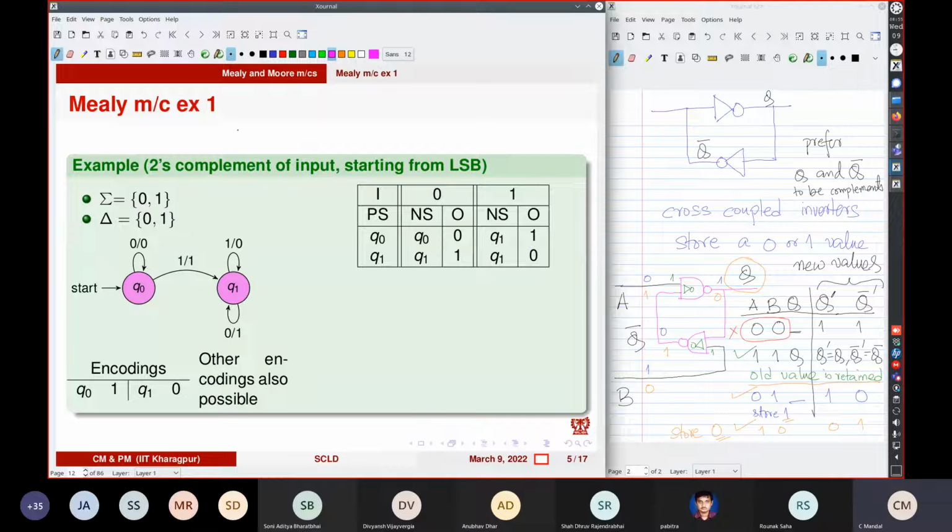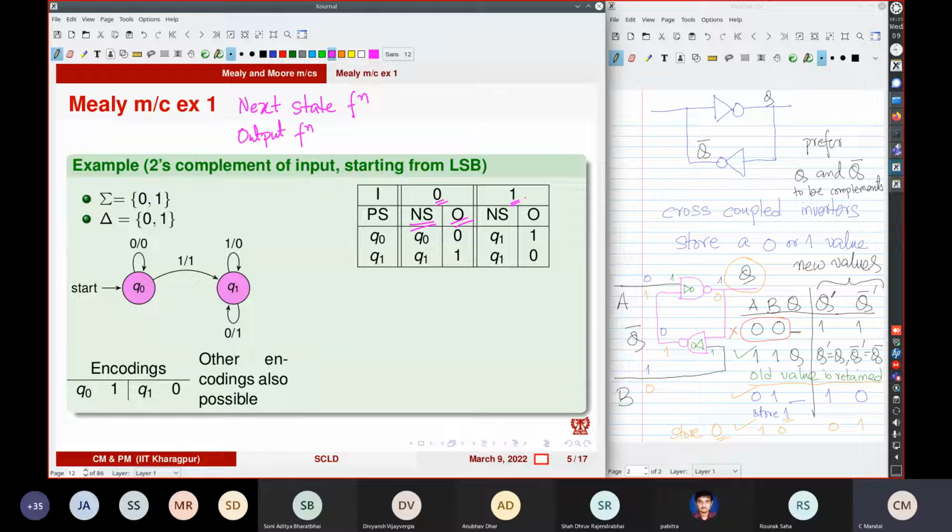You have the next state function, and you also have the output function, for various inputs, 0 or 1.